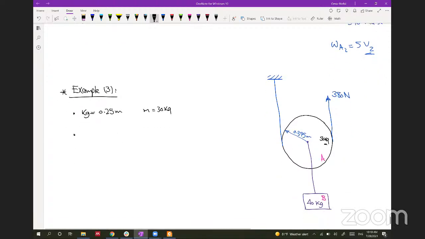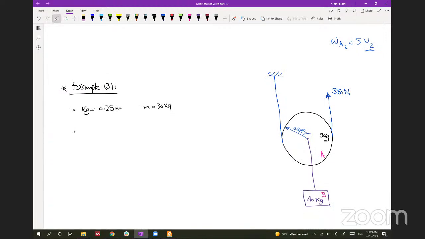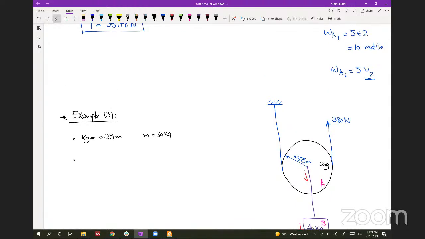So these two bodies have an initial velocity of 1.2 meter per second, because if this pulley is moving down, this mass will be moving down with the same velocity. So the pulley and mass have V1 of 1.2 meter per second.